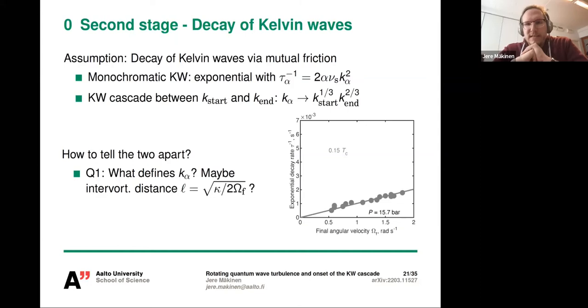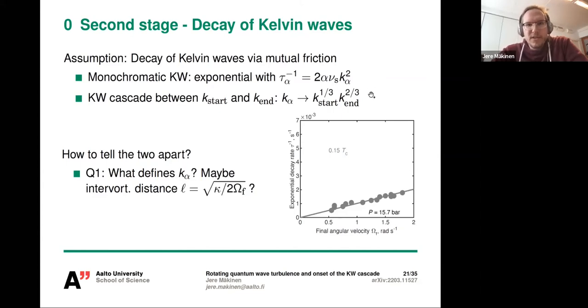All right, so let's now concentrate on the second relaxation state, which is the exponential relaxation. So our assumption is that it's a decay of Kelvin waves via mutual friction, right? So for a monochromatic Kelvin wave, the dissipation should be exponential with a time constant essentially defined by the wave vector of this Kelvin wave.